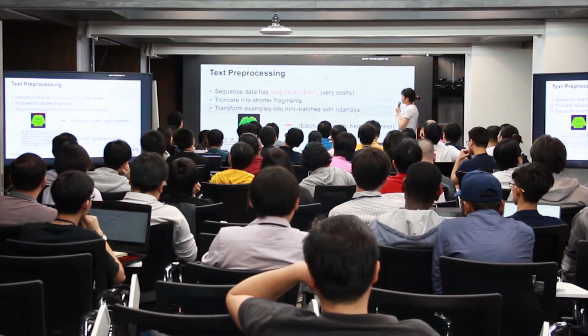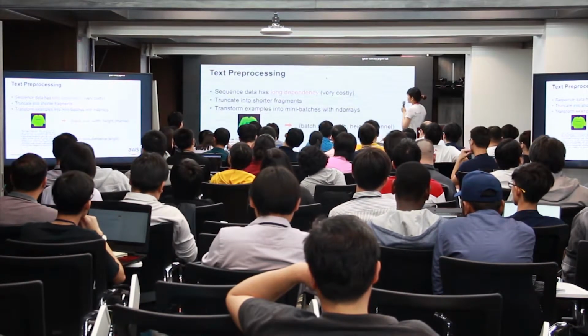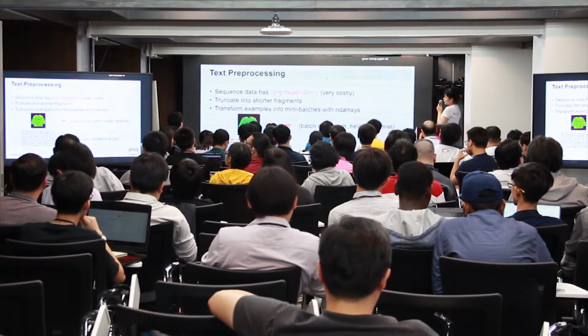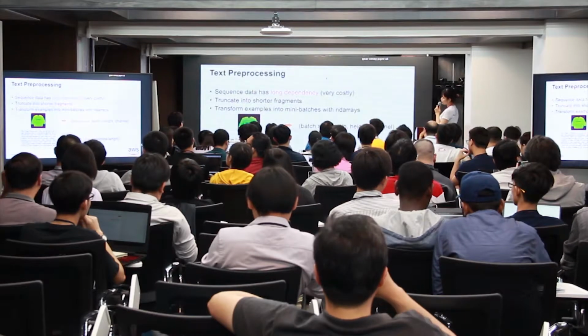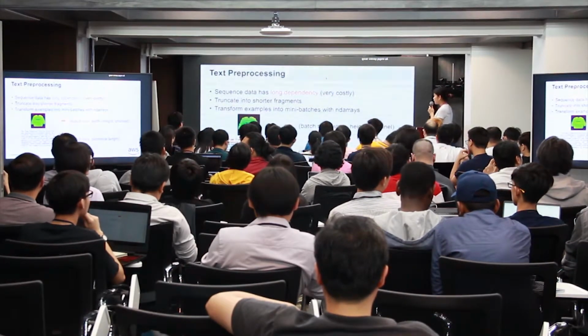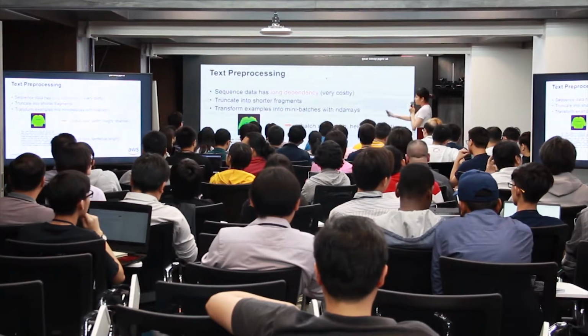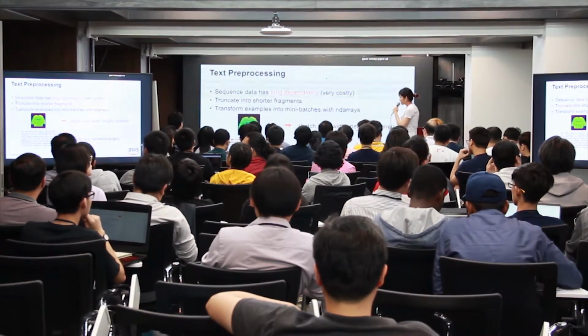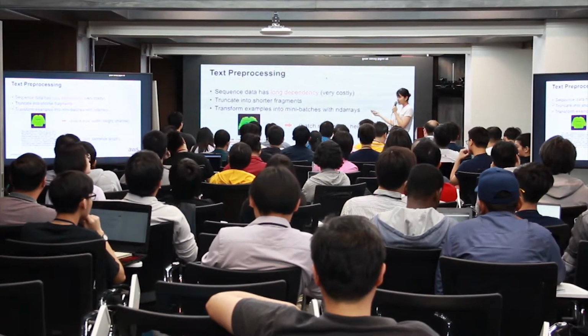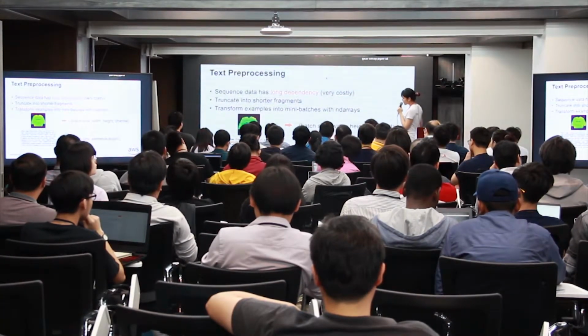So for text processing, how do we compare text processing to, for example, the image processing we just talked about yesterday? For image processing, we have a picture in 2D, coming in within its batch size. We have the width, the height, and the RGB channel.